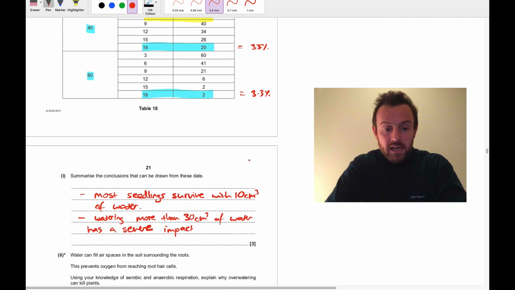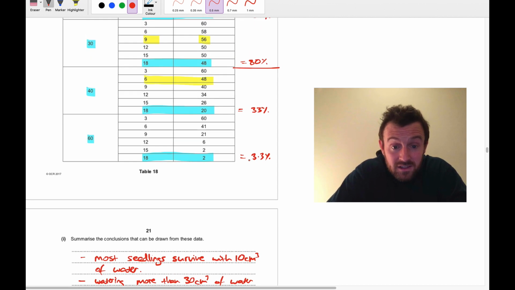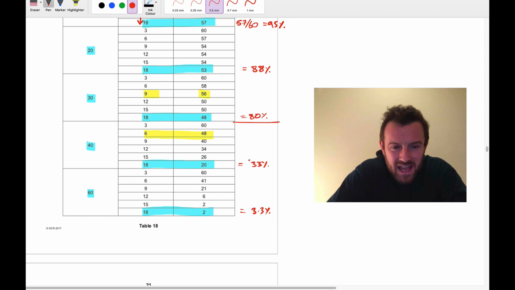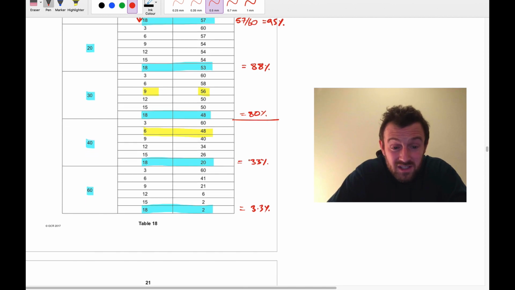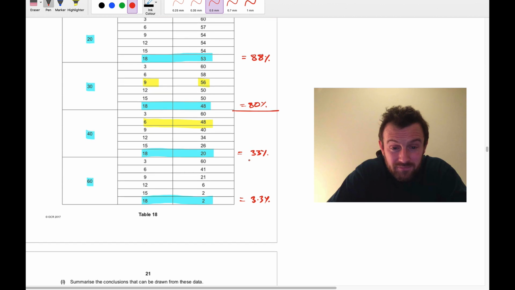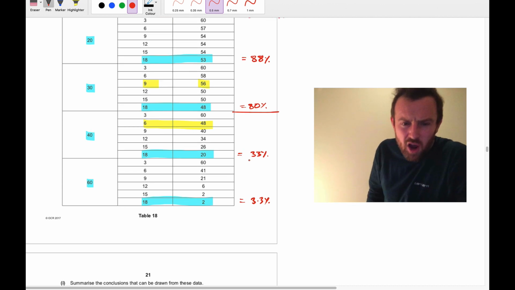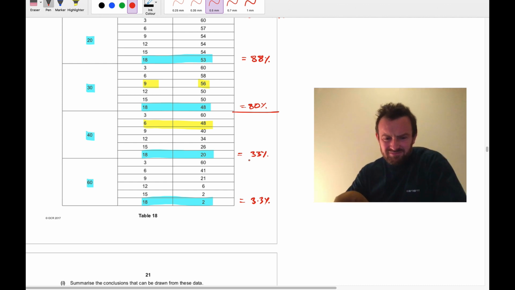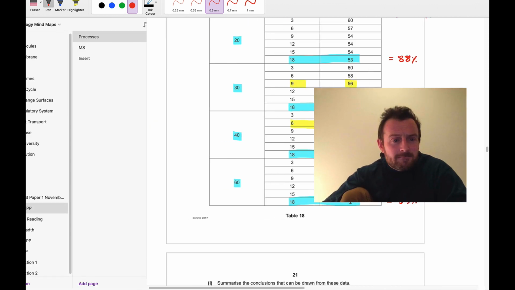So quote some data there. And finally, maybe you could say when the seedlings are overwatered, the death seems to be most significant after day 9, maybe? Oh no, maybe after day 6. I don't know. I mean, that's what I can do. Let's see what the mark scheme says.